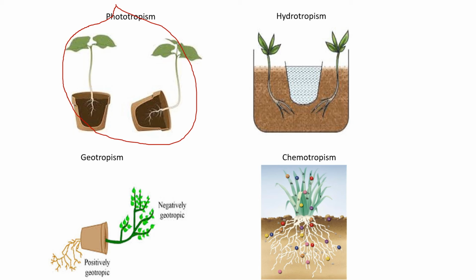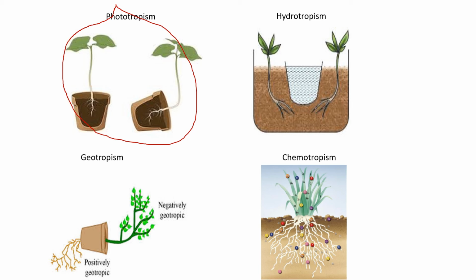Hydrotropism is when parts of the plant grow towards the source of water. For example, you see this puddle of water, and the roots are growing towards the source of water. Geotropism is, as I've explained in my previous slide, when parts of the plant either grow towards or away from the source of gravity.